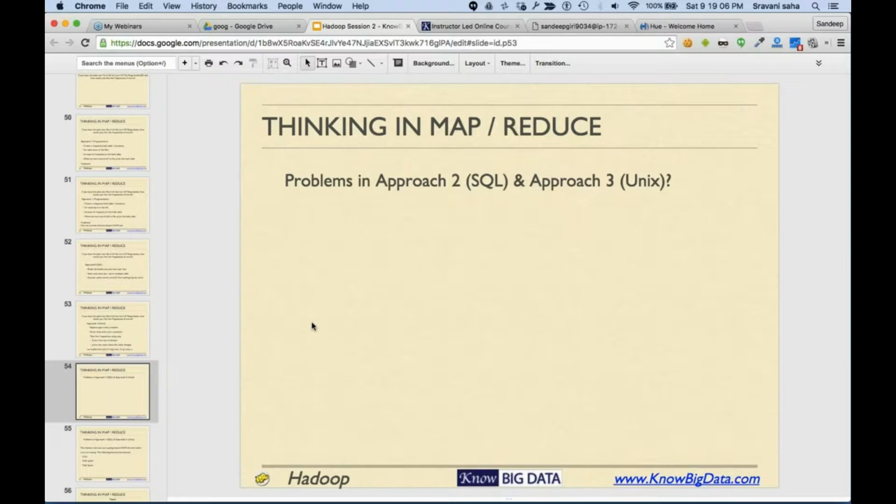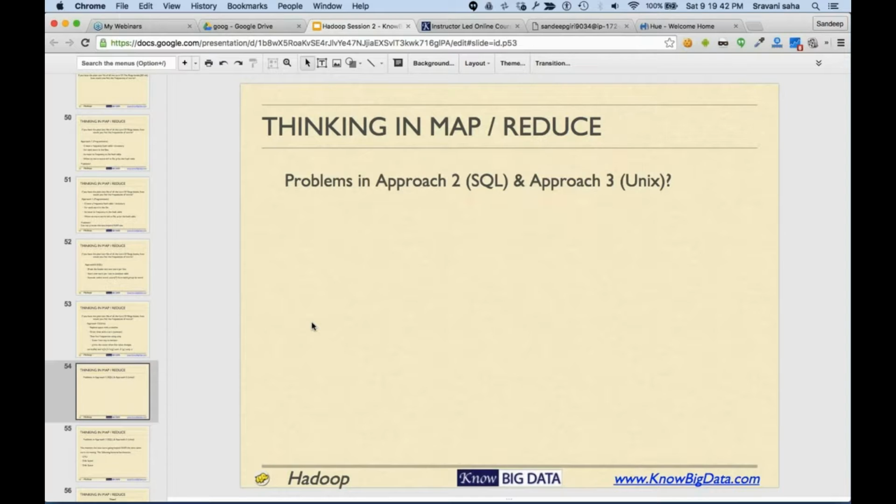In the second and third approach, we were using systems such as SQL, which tries to do the work even if the data does not fit into the memory. So using SQL or the Unix sort command, we were able to count words which may not fit into the memory. So we alleviated one problem, called RAM.